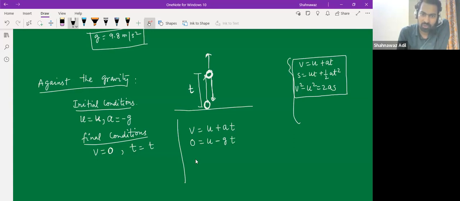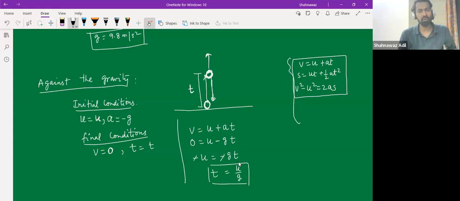So u goes to this side, and then g and t. So you can calculate t, which would be u by g. Understood? So you can calculate how much time it will take to reach the highest point.